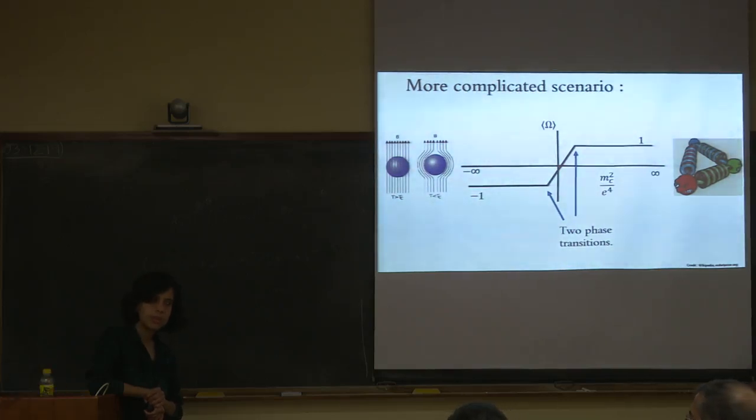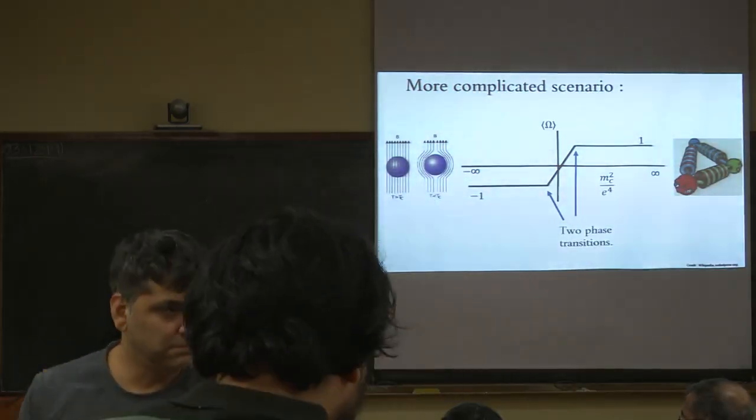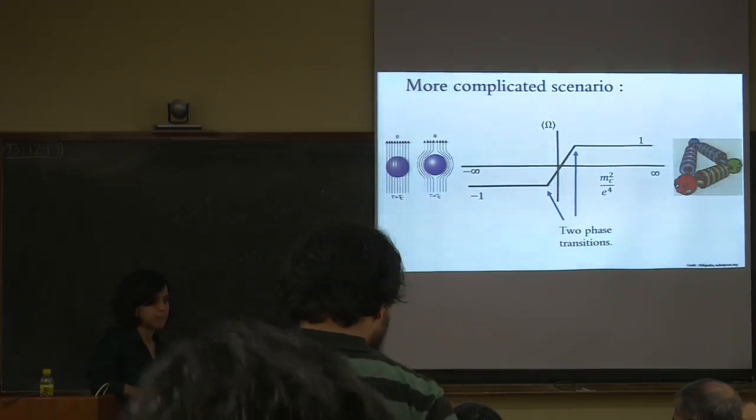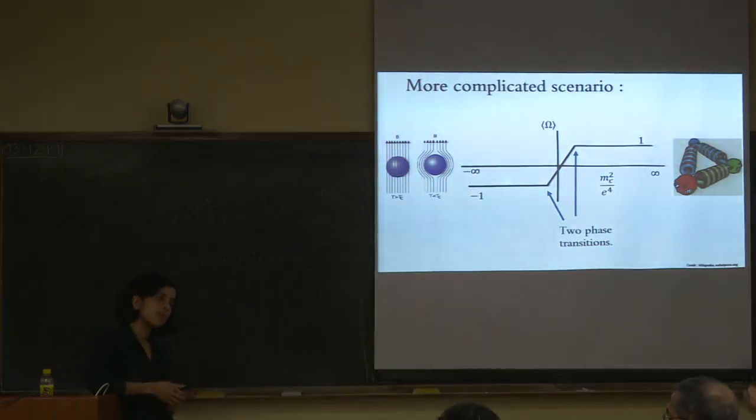Single kink is of course an excited state, but you're forcing it by saying that the spin here is -1 and the spin here is +1. So then the single kink is the lowest energy. So it's an excited state compared to no kink.